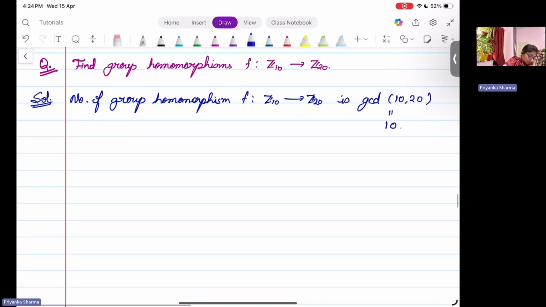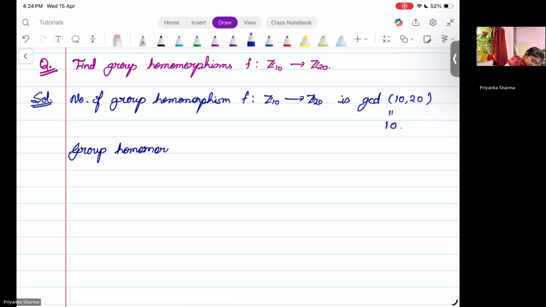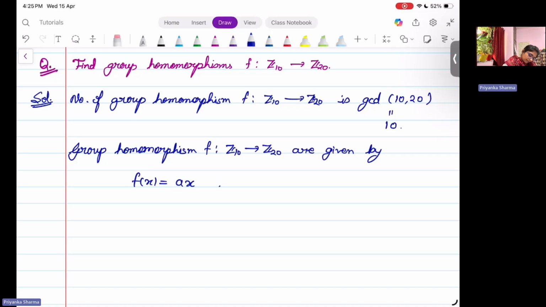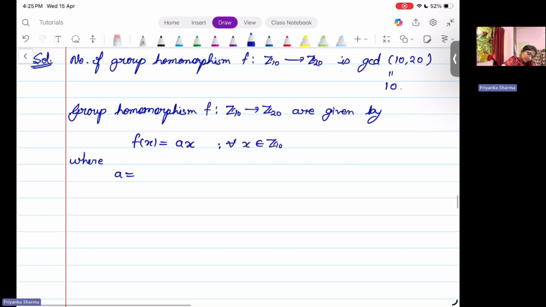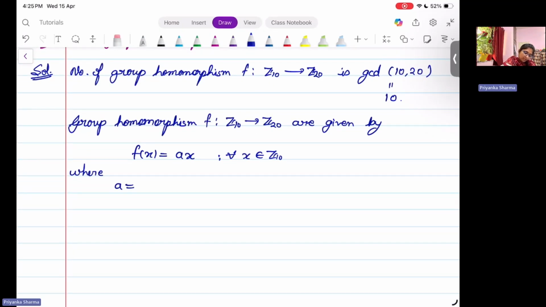What are those? So the homomorphisms f from Z10 to Z20 are given by f of x is ax for all x belongs to Z10, where a is m by GCD of m and n.